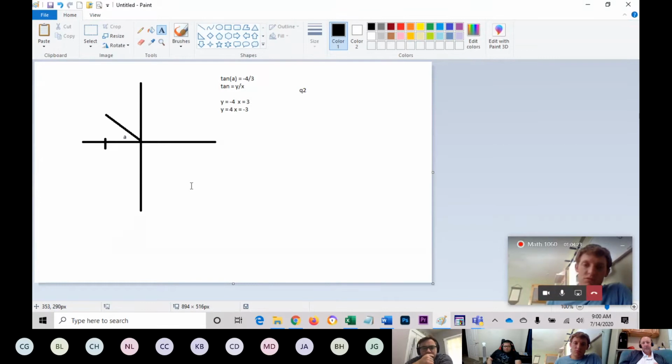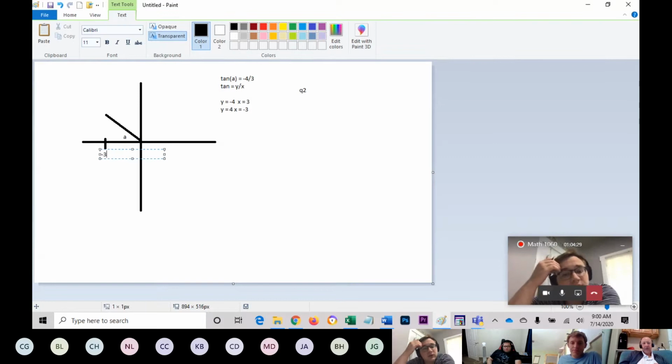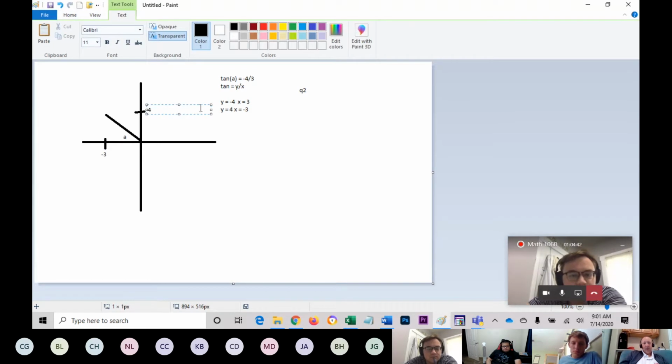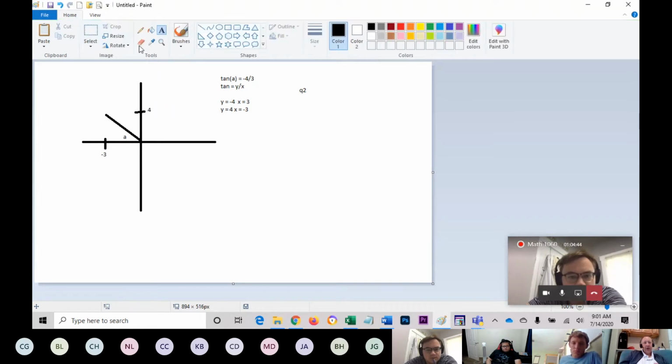Y is positive and x is negative. Correct. Sorry, I said the wrong one. So this is negative 3, and this number is 4 right here. So we can get rid of the top one. Okay, that's what we've got going on.